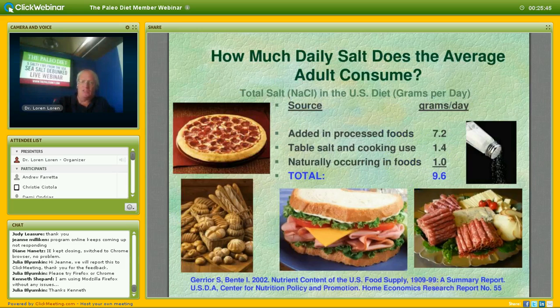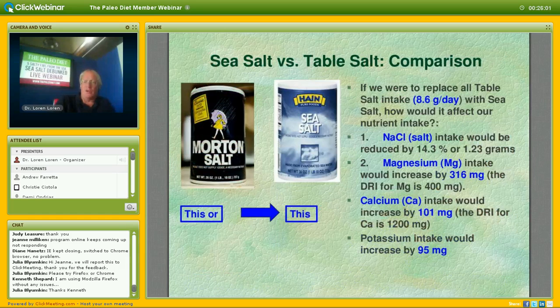Let me just go back to the previous slide so you can see where that 8.6 comes from. You'll notice that the salt in added processed foods is 7.2 grams, and what we throw into our cooking and our discretionary salt at the table is 1.4. So that's where the 8.6 comes from. If we were to take that 8.6 grams of salt and magically replace it with sea salt, would it matter? Would it make a difference?